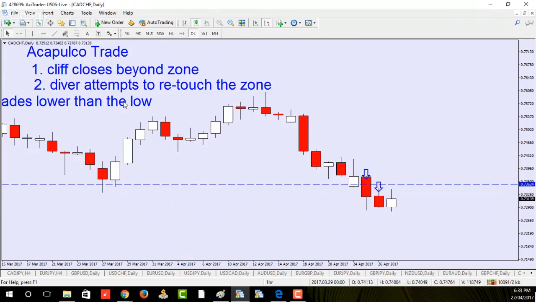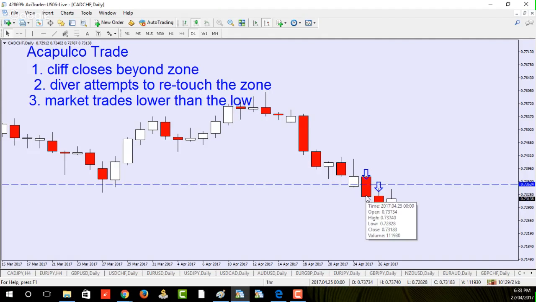Now the lower low could be on the diver or could be on the cliff. It doesn't really matter. So in this case, the cliff has a lower low, but sometimes the diver will have a slightly lower low. And the diver tends to, it's not always an inside candle, but in this case it is. Sometimes it does have a slightly lower low than the cliff, and that's okay too.